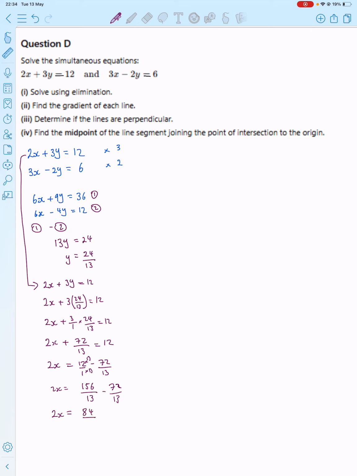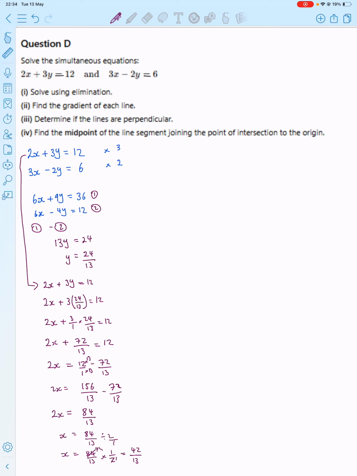So 84 over 13. And then x is equal to 84 over 13 divided by 2. But that's the same thing as 84 over 13 times 1 over 2. Simplifying, divide this by 2, I get 1. Divide that by 2, I get 42. So it equals 42 over 13 times 1 is 13.